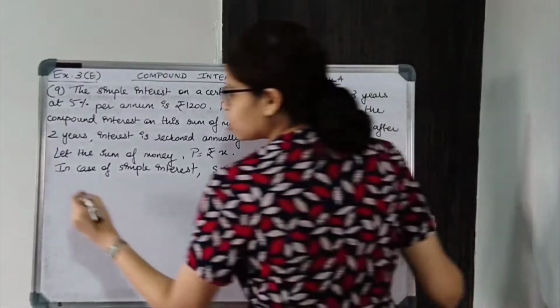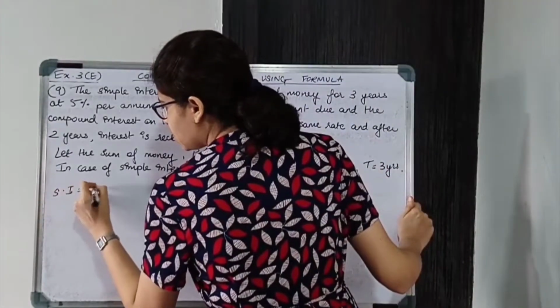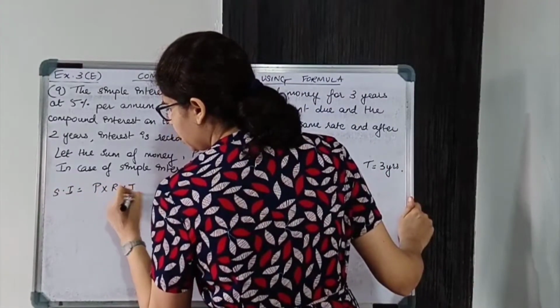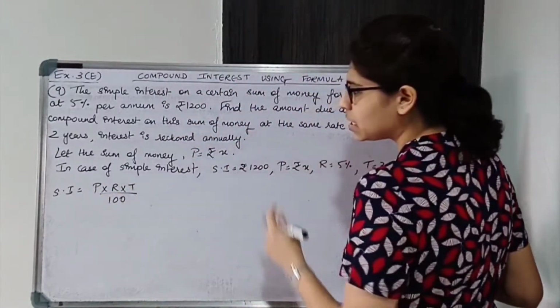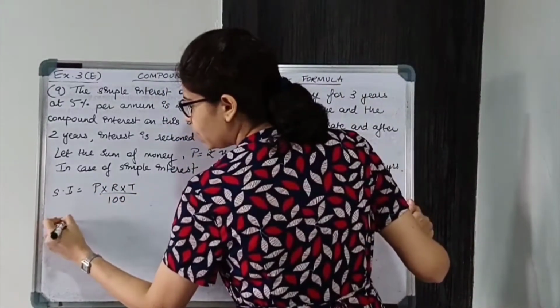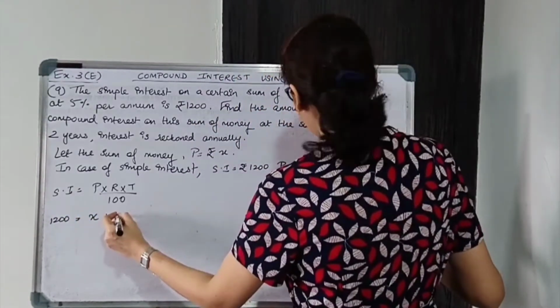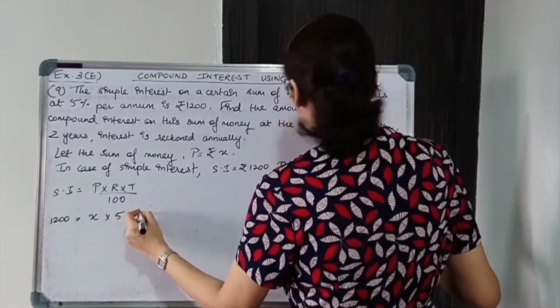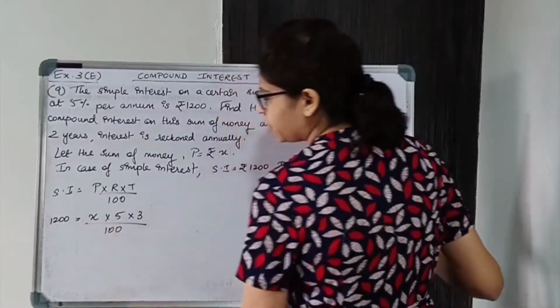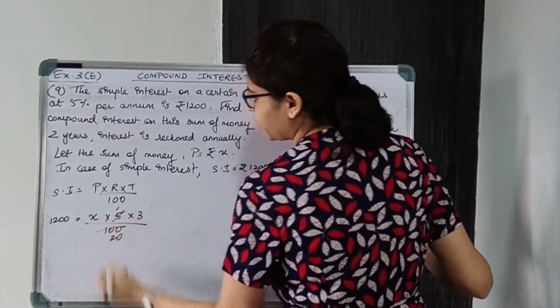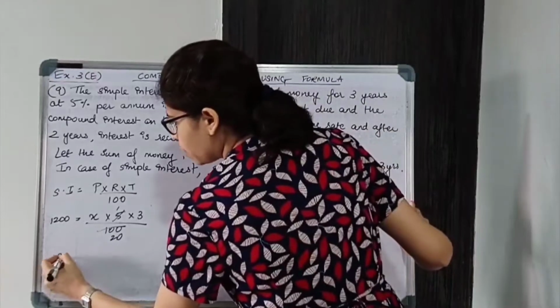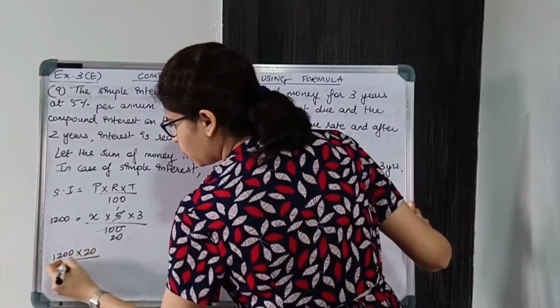Okay, so using the formula, SI is equal to P into R into T upon 100. Substitute the values. So 1200 is equal to X into R is 5 into T is 3 upon 100. 5 ones are 5, 20s are. So 1200 into 20 upon 3.